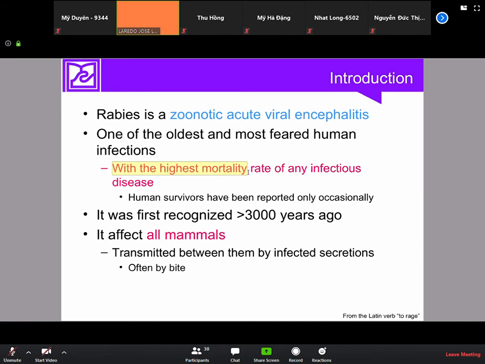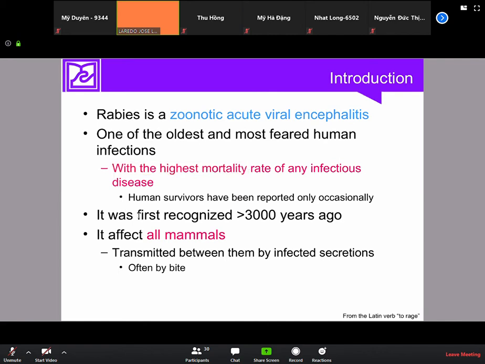All patients will die, 100%. All of them, no survivors. Very few people have survived rabies. Just 5 or 10, I don't remember, but very, very few. So the general rule is that all people will die. No people survive, very, very few.